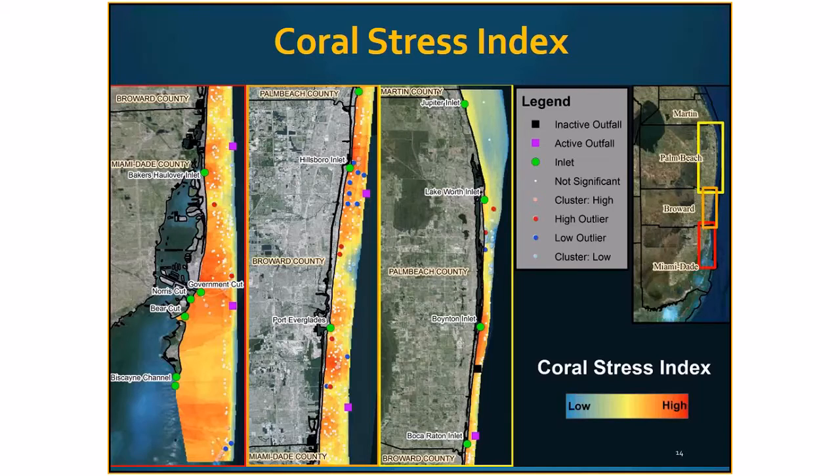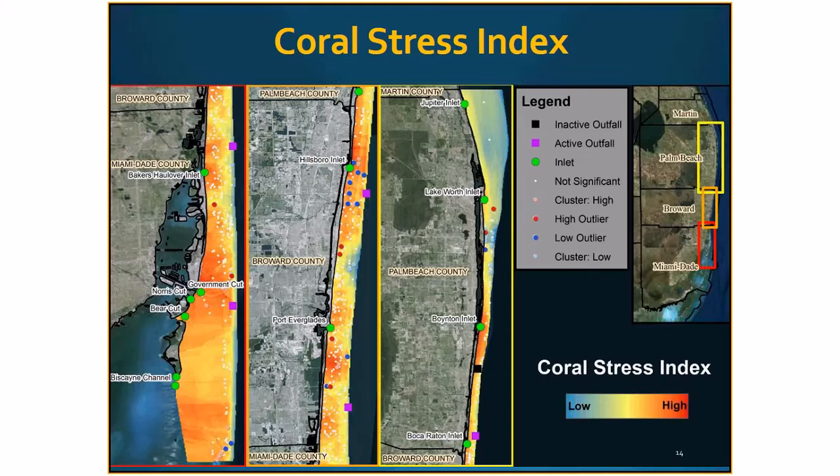There is another hotspot right here. The nature center is right here, so there's a hotspot by Dania Beach. There is another hotspot up by Hillsboro Inlet. And then as you continue up, there's a pretty nice cold spot up here by Palm Beach proper.